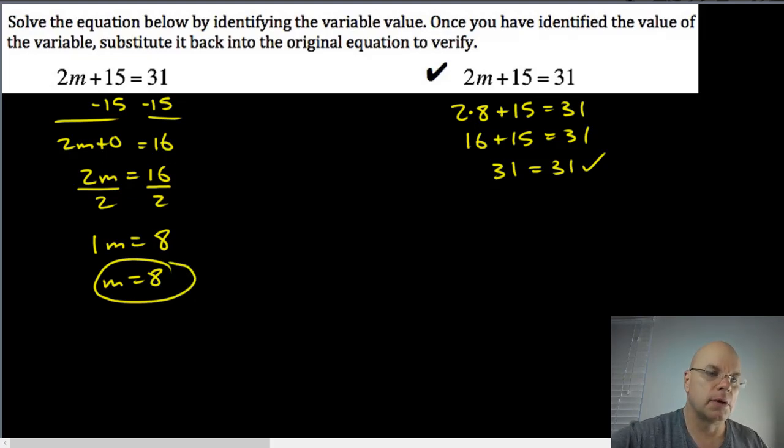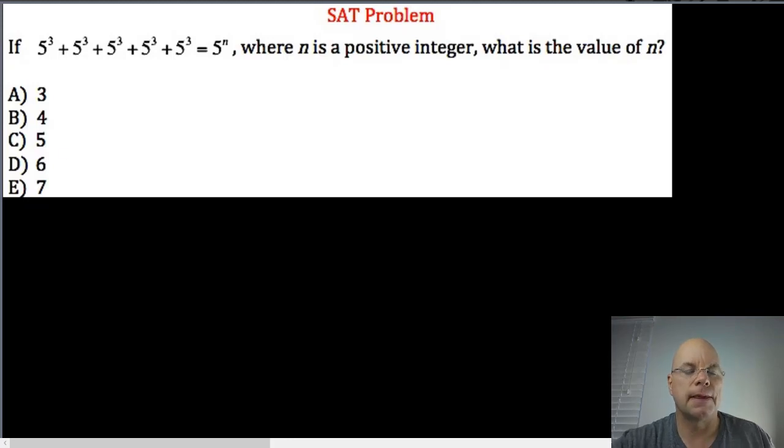Problem 12. It says if 5 cubed plus 5 cubed plus 5 cubed plus 5 cubed plus 5 cubed equals 5 to the n power, where n is a positive integer, what is the value of n?